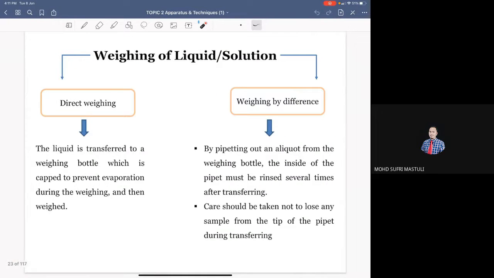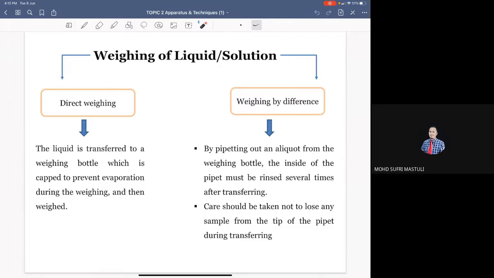We also can weigh liquid or solution using the balance. It is quite similar to the direct weighing for solid. The liquid is transferred to the weighing bottle, which is capped to prevent any evaporation during the weighing. Then we do the weighing.